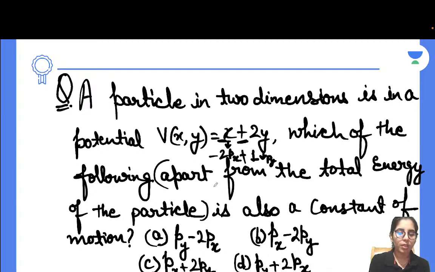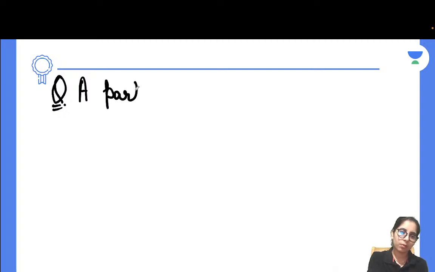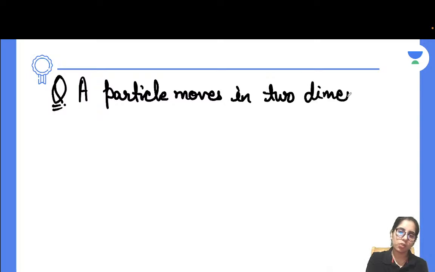Let's do this one. It's easy, but mostly students make mistakes in this one. A particle moves in 2 dimensions on the ellipse.